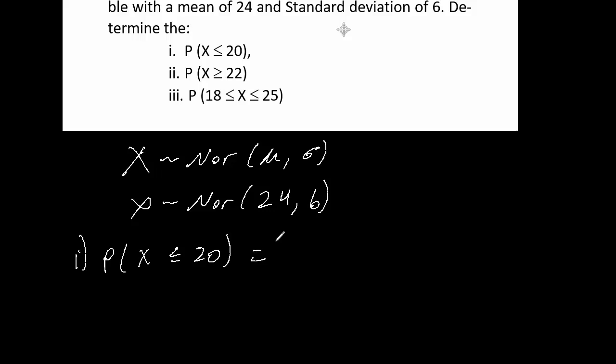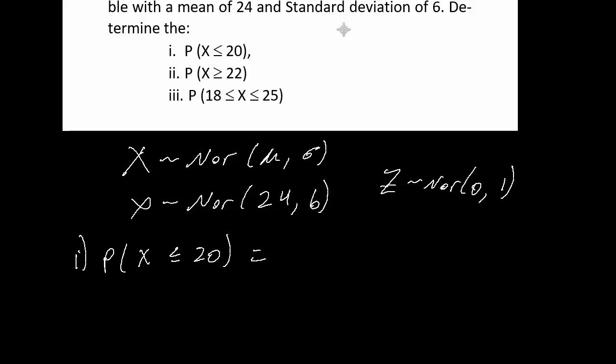Now the first thing we must do is standardize it, which means to take this specific normal distribution and convert it to a standard normal distribution. A standard normal distribution has a z-score and follows a normal distribution with mean 0 and standard deviation of 1. The reason we standardize it is so that we can use a standard normal table to calculate the probabilities.